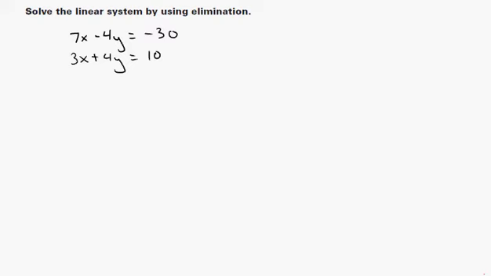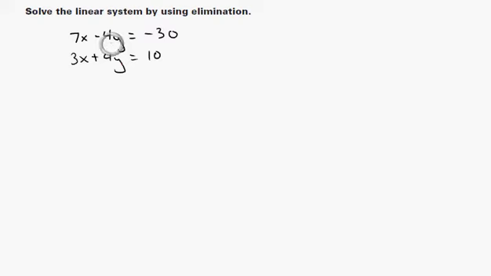And this method is usually useful, or it's easy to use, when you have two linear equations in our linear system where the coefficients of one of the variables are the same or they're opposites. And you can see in our first example here, 7x minus 4y equals negative 30 and 3x plus 4y equals 10.